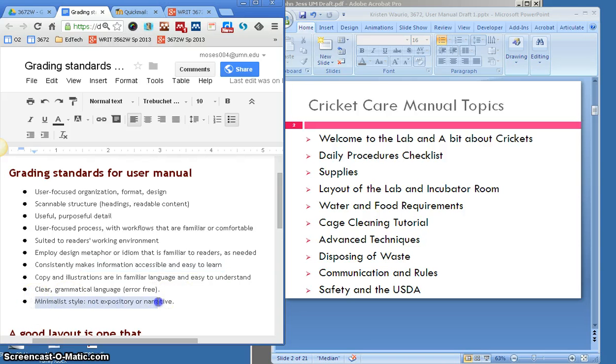So in terms of minimalist style, it tends to be on the higher end of expository. Well, let's see, on a scale of 1, 2, or 3, 1 being... let me start over. It's not as minimalist as I've seen in some other examples because it's a little more chatty, a little more narrative or expository.